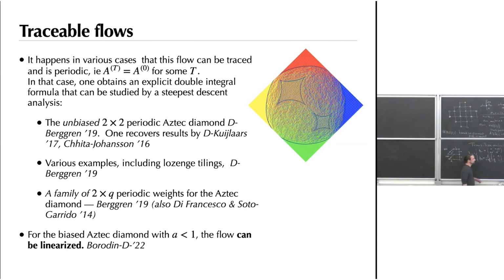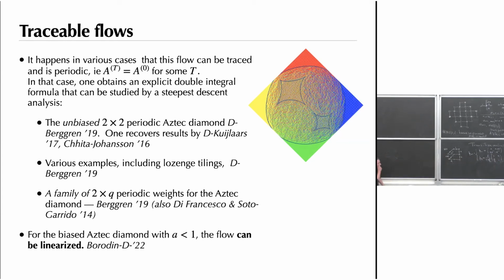There is Veselov and I forgot the second author now. They introduced that you can linearize this flow. And I want to show, I don't know how much time I have, how you can linearize that flow, just the final step to answer this question.